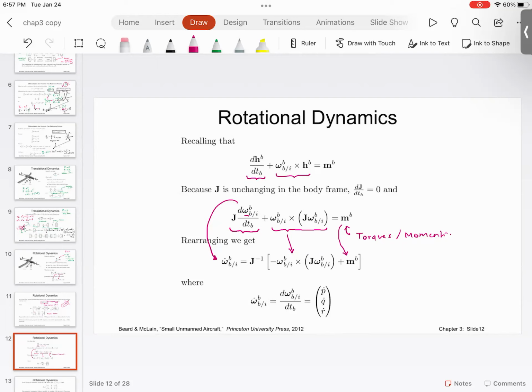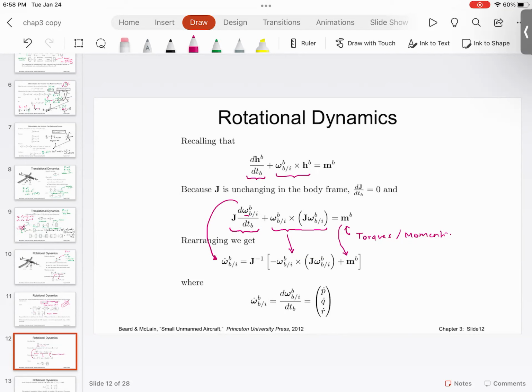Step one, take this product omega B with respect to B cross J omega B onto the right hand side. So now you have a negative sign, and then take the inverse of J, multiply it on the left hand side and on the right hand side, and now you have an expression for angular accelerations equal to the inverse of the mass moment of inertia and these terms.